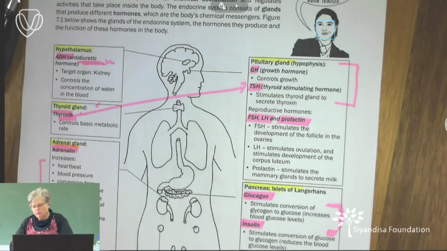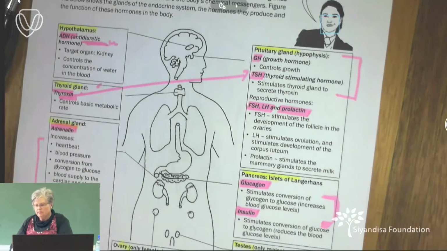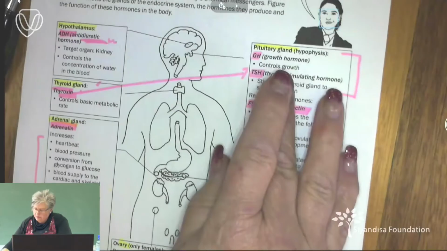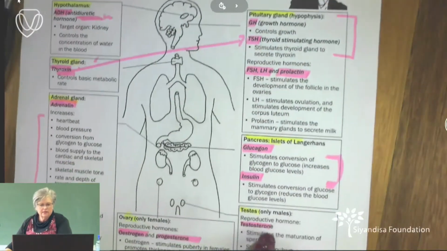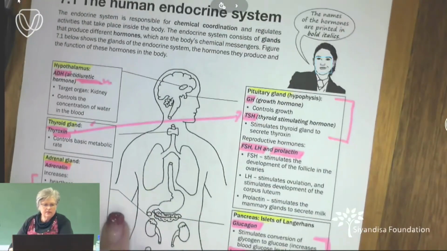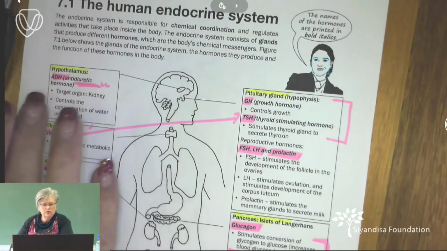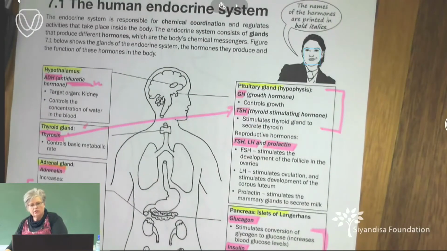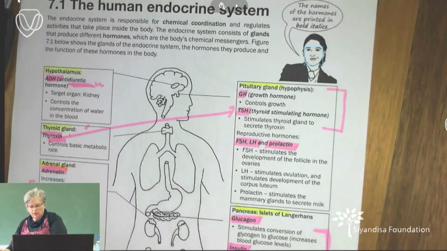So it's very important, there's no hormone that you can leave out. There are the glands: pituitary gland, pancreas, testes, ovary, adrenal gland, thyroid gland, and hypothalamus, which you must know. It's not negotiable.